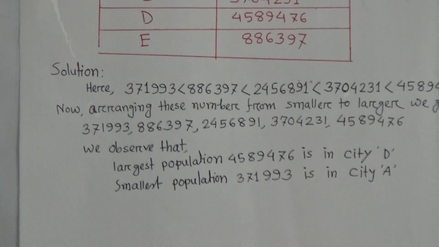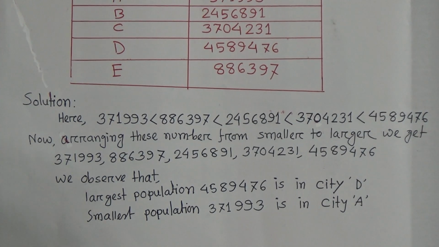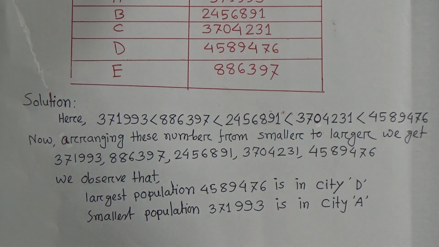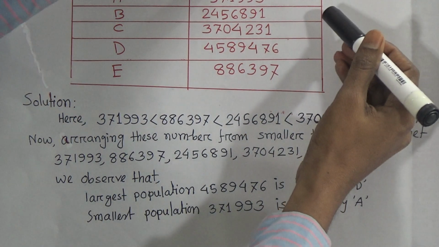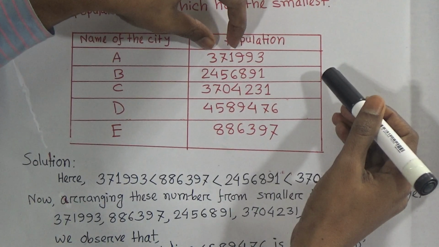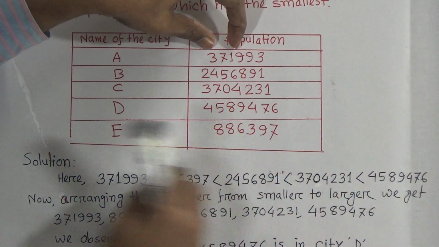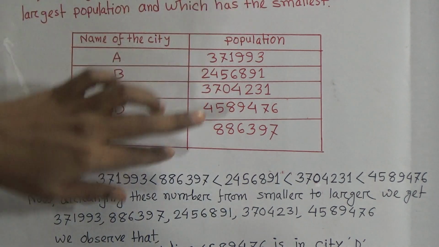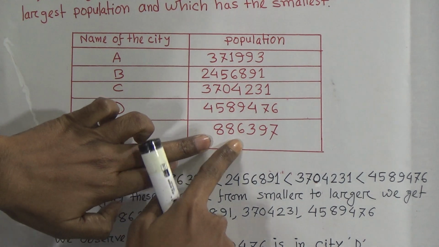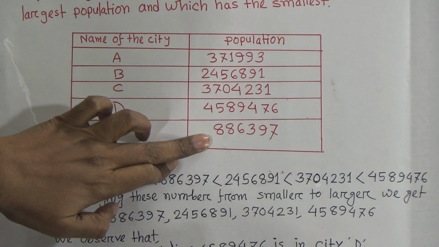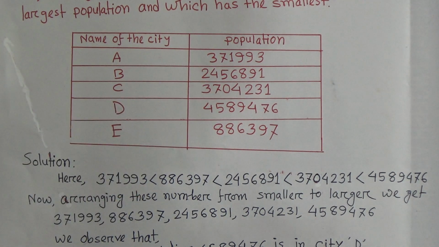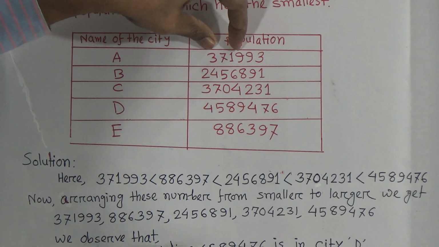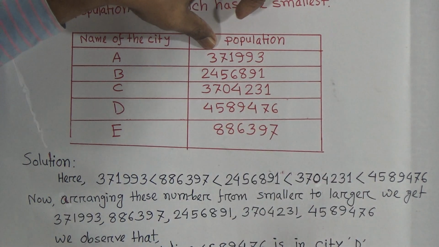Solution. We have to arrange the numbers. Among these populations, which one is the smallest? You see, this is 3,71,000, and this is 24,56,000, this is 8,86,397 and this is 45 lakh. So obviously 3,71,993 is the smallest population.